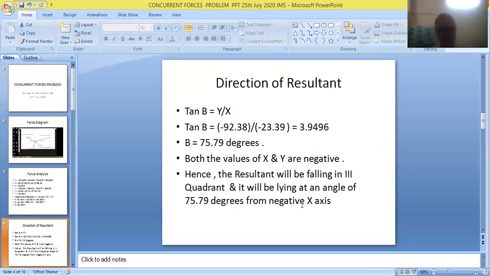This is what I have just shown you in the figure. Take the negative x-axis, measure 75.79 degrees from it, and you will get a point. Draw an inclined line passing through the point. Thereby you will be in a position to indicate the location of the resultant.